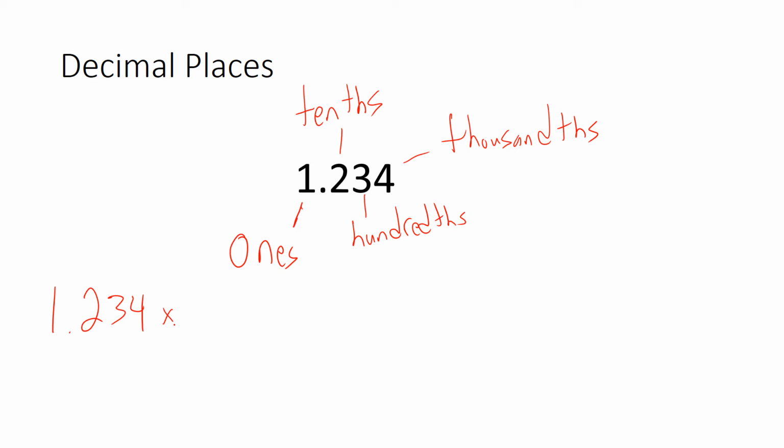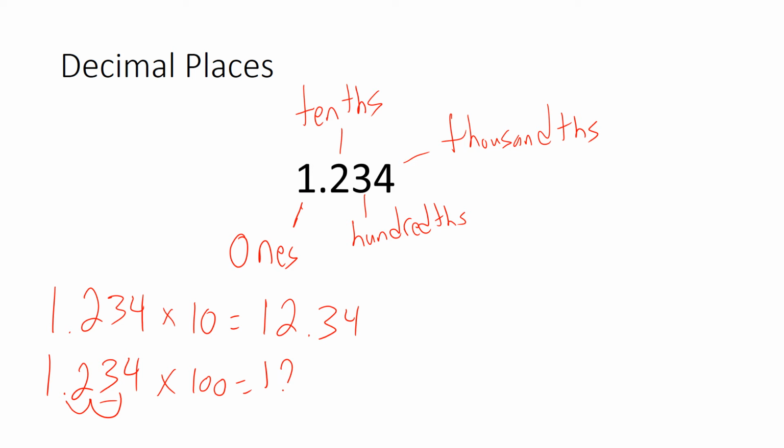and we multiply it by 10. We multiply by 10, the tenths place is now in the ones place. So that's 12.34. If we multiply it by 100, the hundredths place is now going to be in the ones place. We'd move that decimal 2 spots.